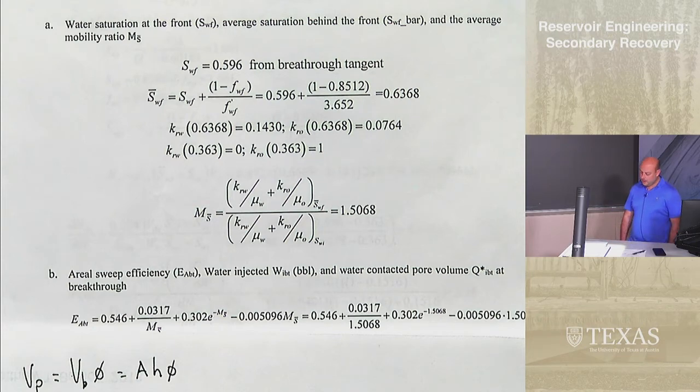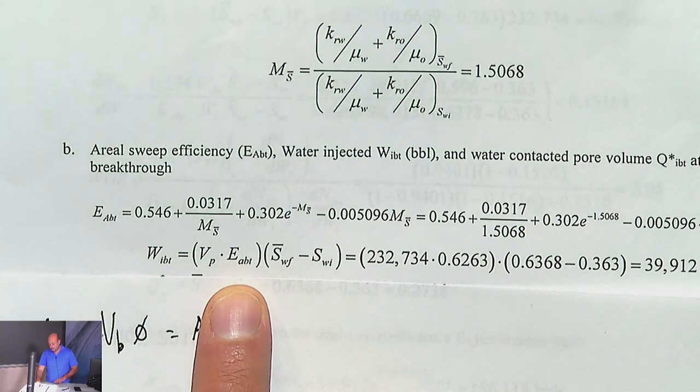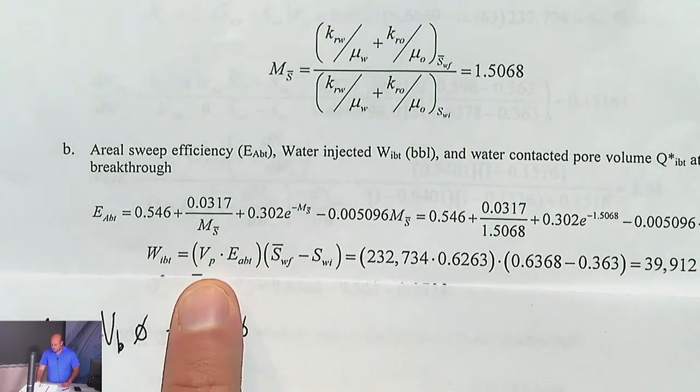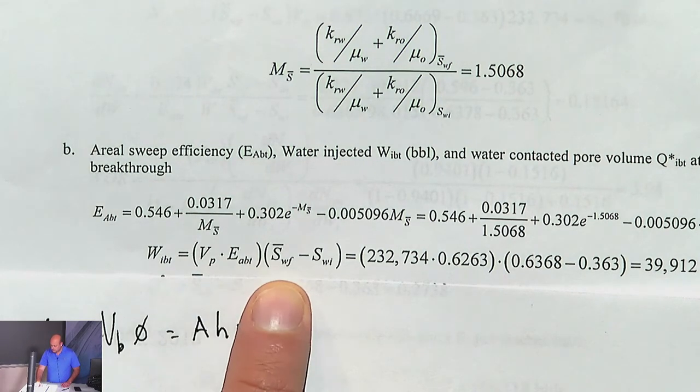So now that we have the areal sweep efficiency at breakthrough, how do we calculate the amount of water injected in barrels at breakthrough? Right, it's the pore volume times the areal sweep efficiency at a specific time, the breakthrough time. We know the pore volume, we calculated that. We just calculated the areal sweep efficiency at breakthrough, which is 0.62.